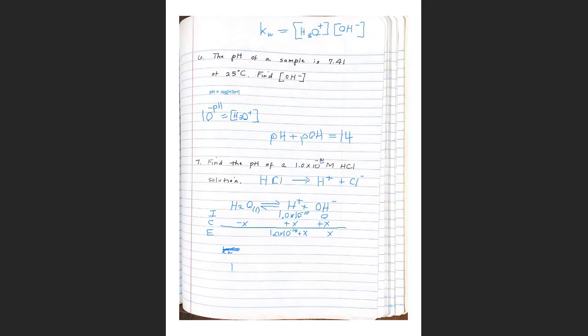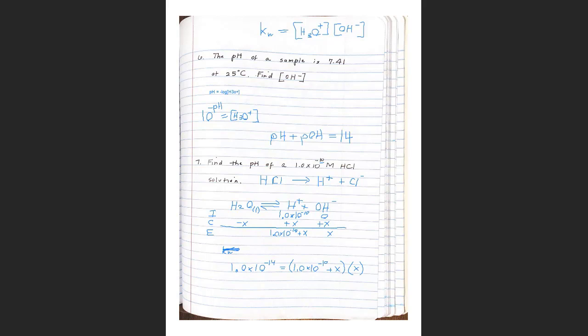So 1.0 times 10 to the negative 14th is equal to 1.0 times 10 to the negative 10th plus X times X. Does that make sense?